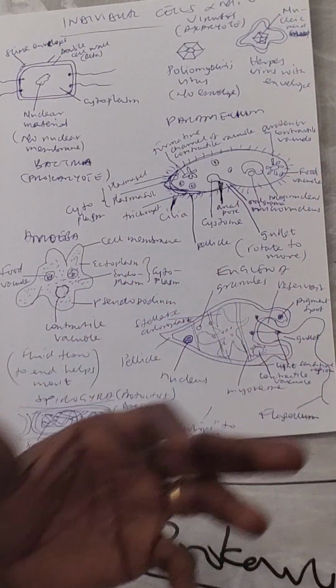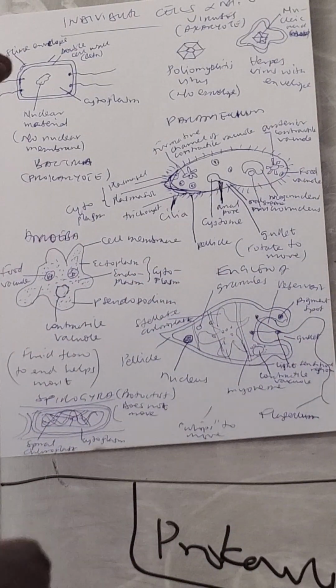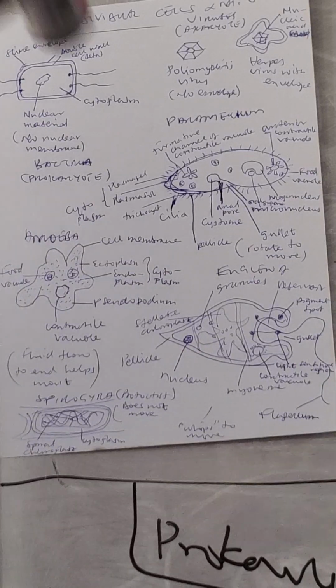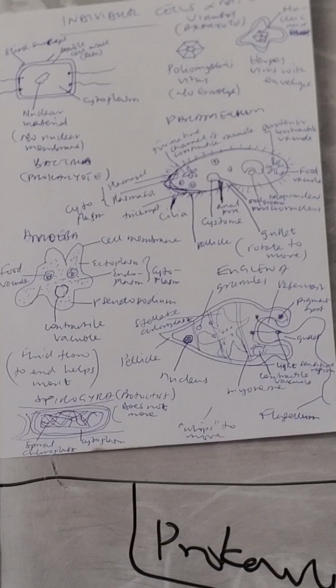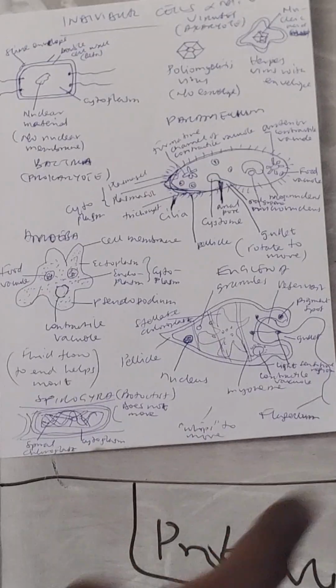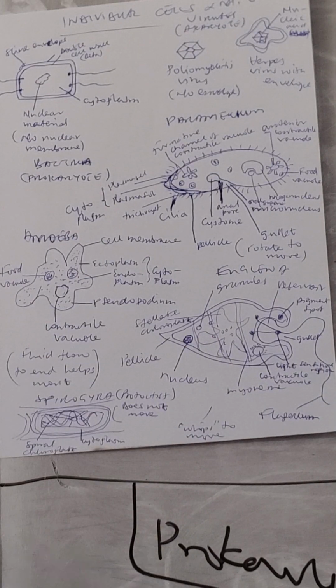Okay, so this usually will fall under a group like the Protoctista and so on. So they are able to move. They are able to behave like plants. They are able to behave like, what do you call it? Animals. So those in between plants and animals usually will fall under Protoctista.